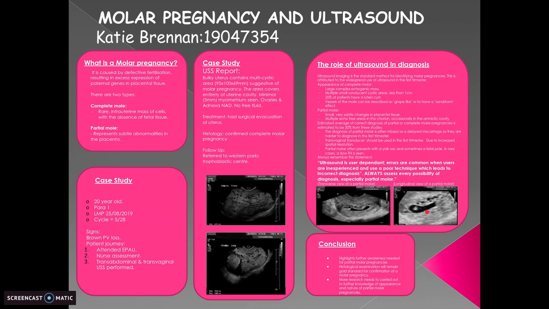Partial moles are easier to detect in the second trimester, as multiple echo-free areas appear in the chorion and sometimes in the amniotic cavity. On the poster, images of a partial mole show a first trimester pregnancy. A fetal pole is present in the gestation sac.